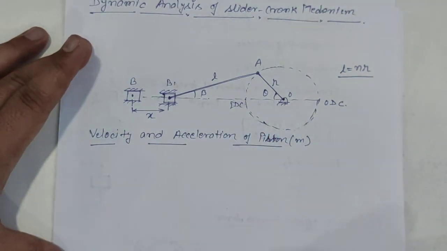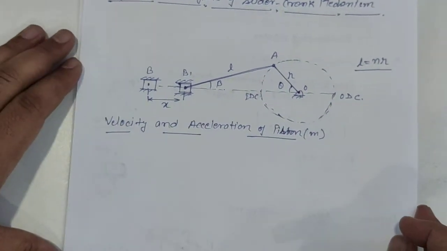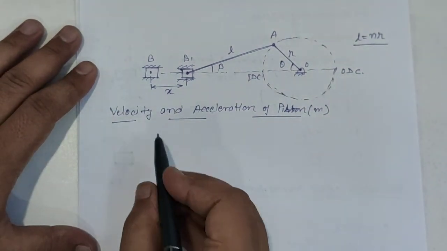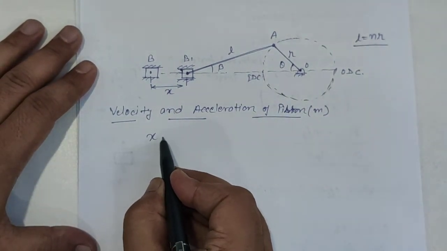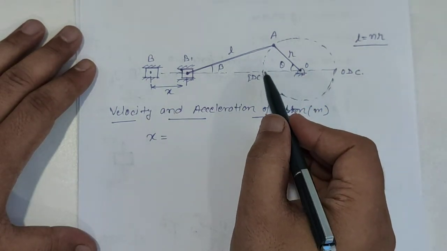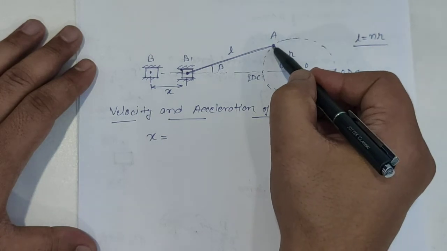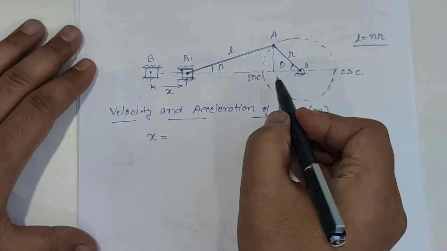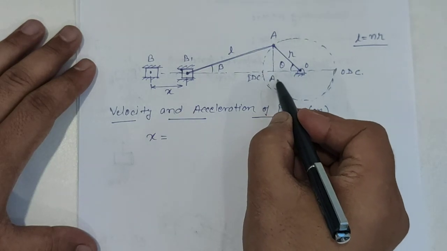Now we have to calculate the velocity. For velocity we calculate the displacement first. The displacement will be equal to x. How are we going to calculate x? Draw a perpendicular from point A on this line, that is A1.